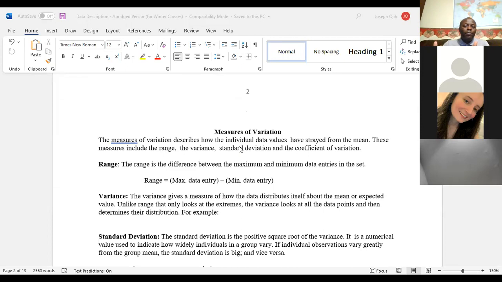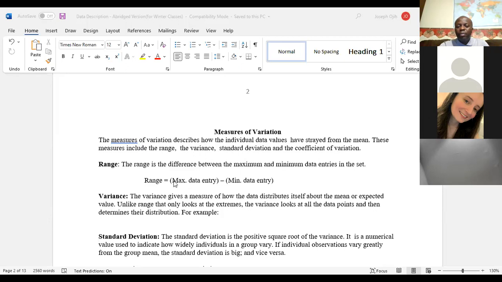But if you are going 55 miles per hour in a 40, that's when the cops will notice you. That one has strayed very far away. So these measures help us see how far the data values have strayed from the center point, from the mean. This includes the range, the variance, the standard deviation, and also the coefficient of variation.